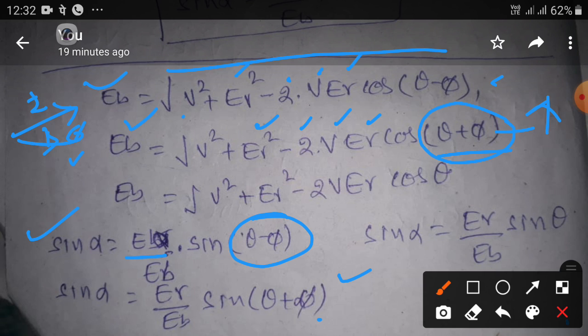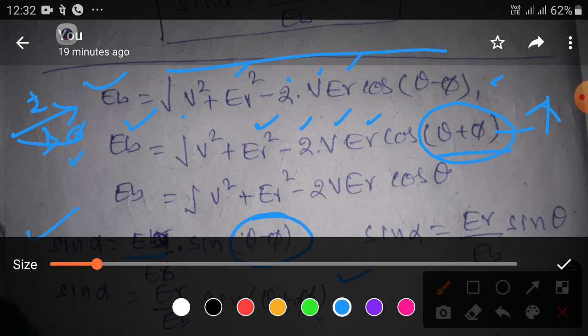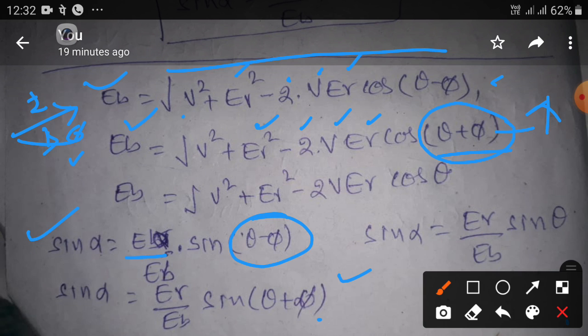Now you can see under normal conditions, similarly in normal excitation, another equation here. Under normal condition, the current and voltage are in the same phase, and the power factor becomes 1. Then the square root of V square plus ER square minus 2 into V into ER into cos theta is the back EMF in that machine.